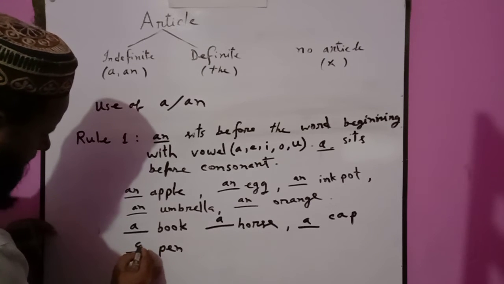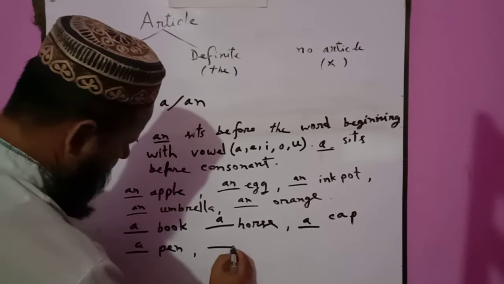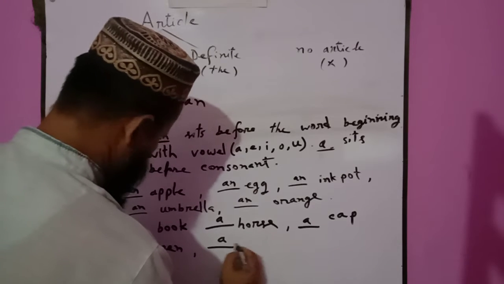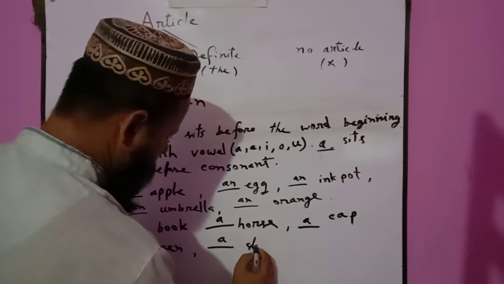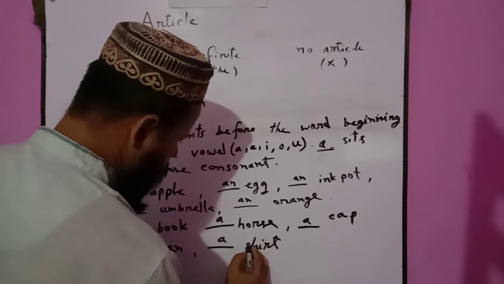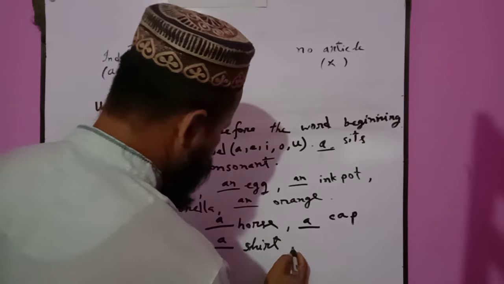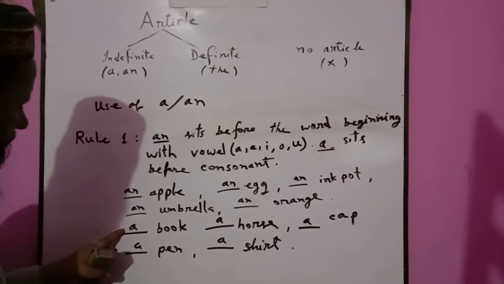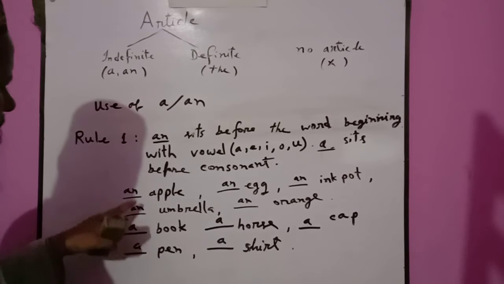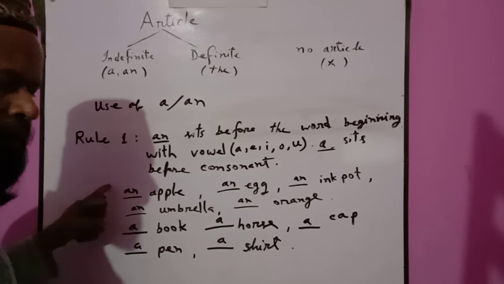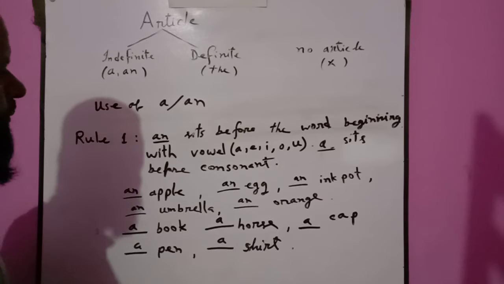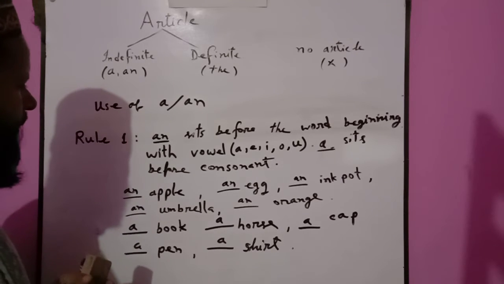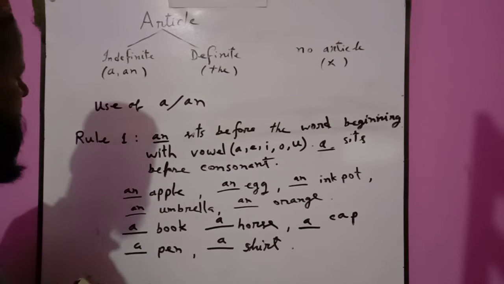A pen. A shirt, etc. We shall use a before consonant, and before vowel we shall use an. Understand? I think you must understand.